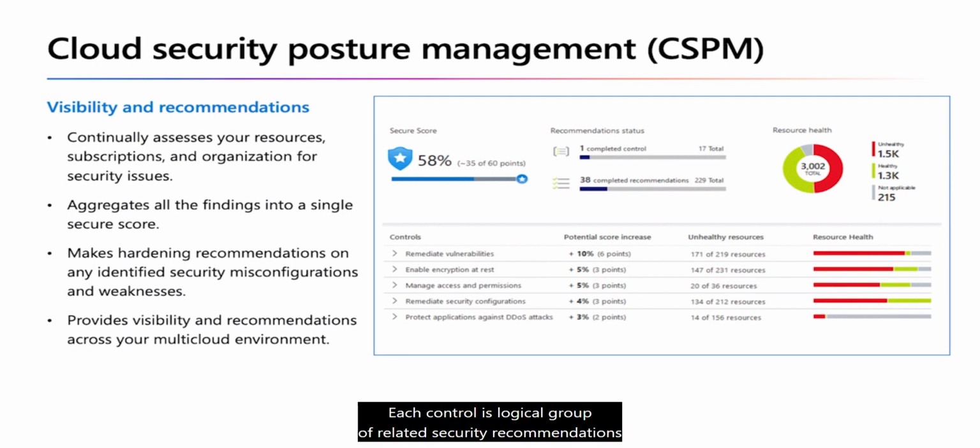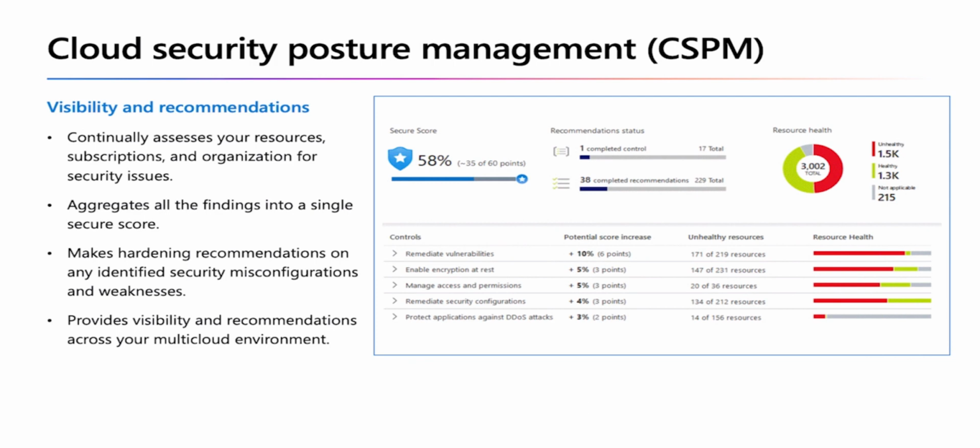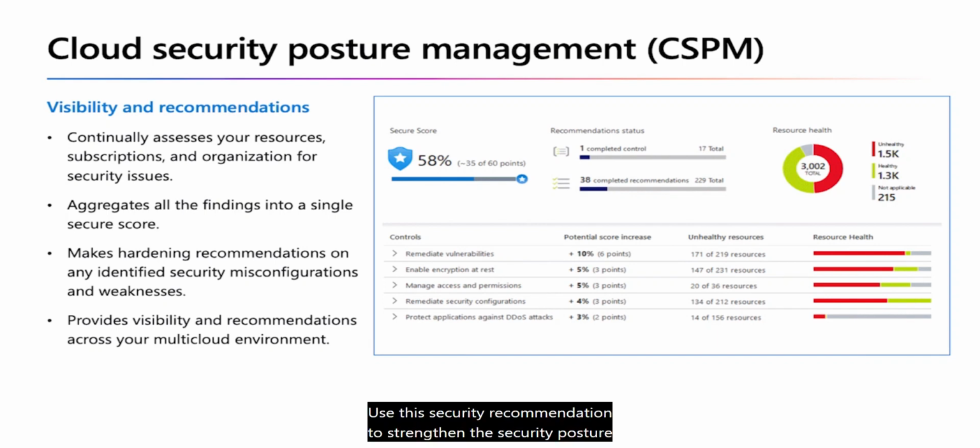Each control is a logical group of related security recommendations and reflects your vulnerable attack surfaces. Your score only improves when you remediate all of the recommendations for a single resource within a control. Use these security recommendations to strengthen the security posture of your organization on Azure, hybrid, and also multi-cloud resources.